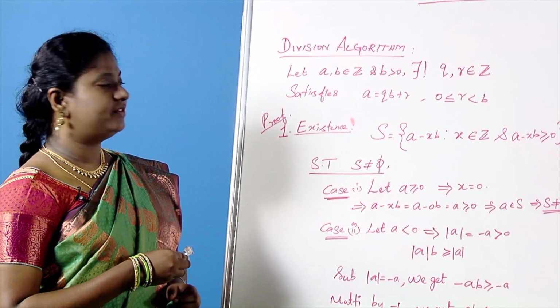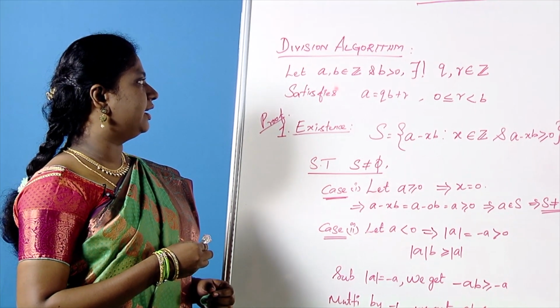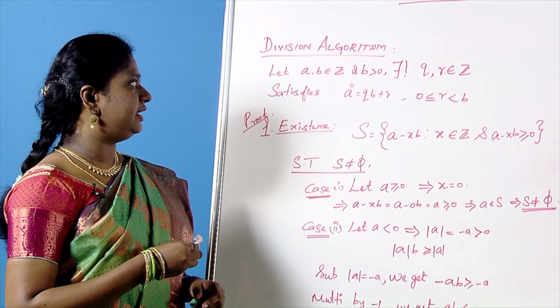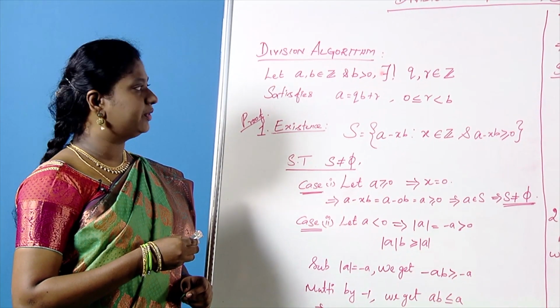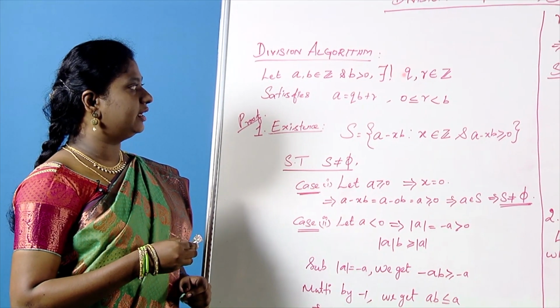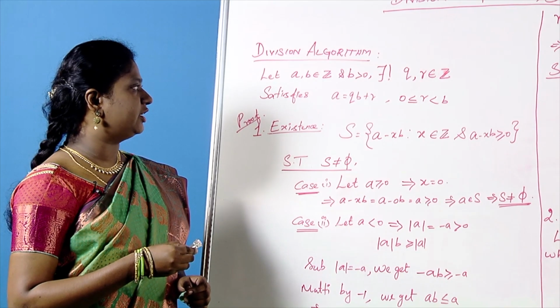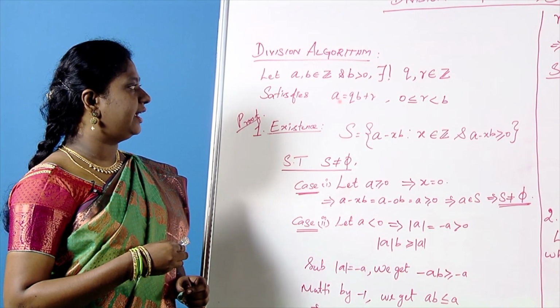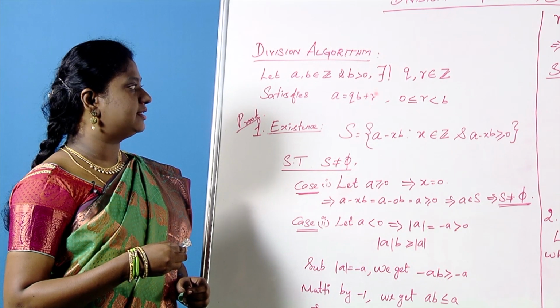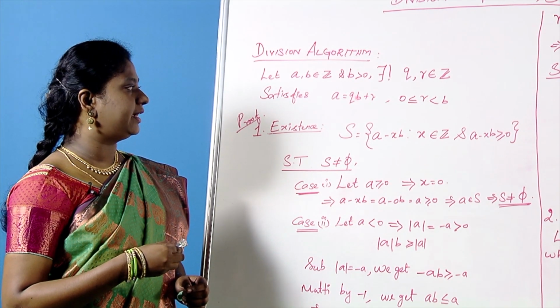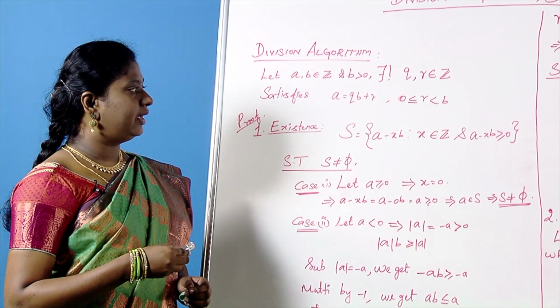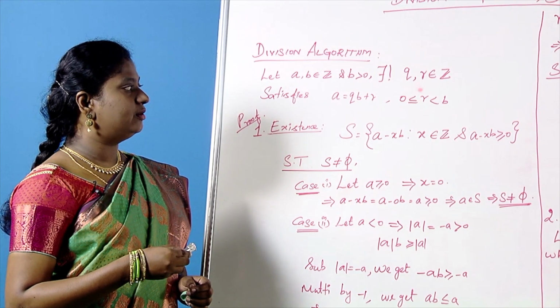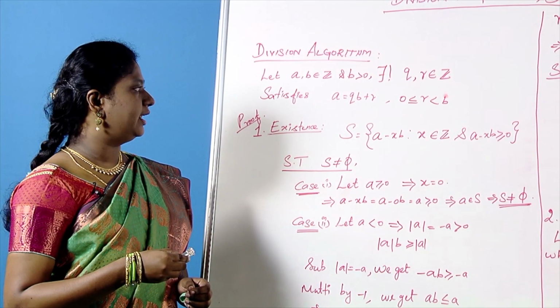The statement of the division algorithm is: let a and b be two integers and b greater than 0, then there exist unique q and r belonging to the set of integers satisfying a equals qb plus r, that is a is equal to q multiplied by b plus r, where r lies between 0 and b, 0 less than or equal to r less than b.